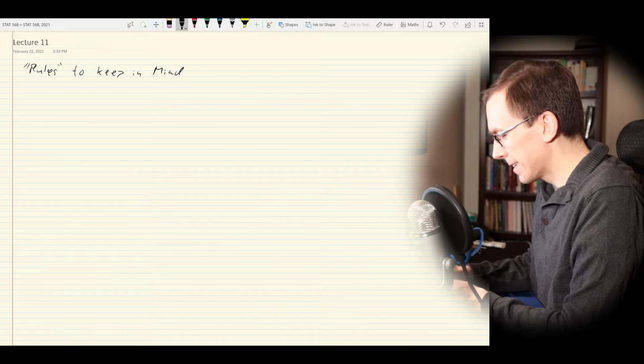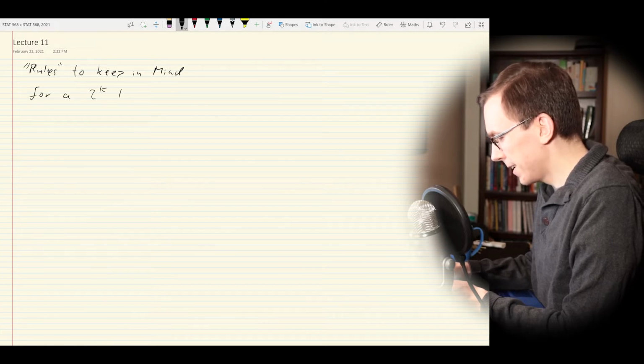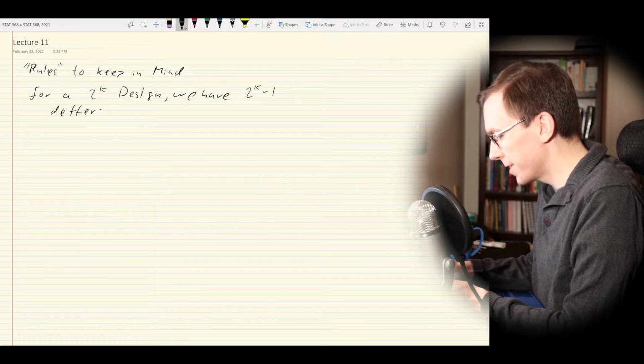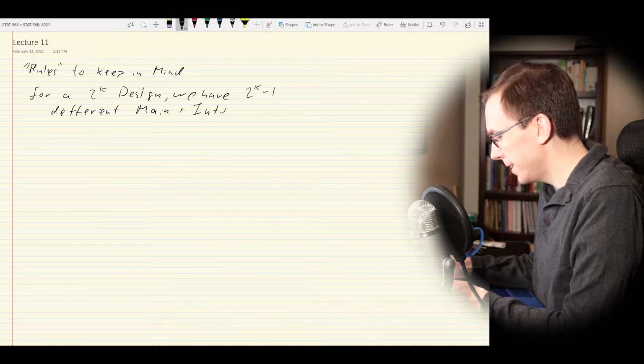The idea is that for a 2 to the k design, we have 2 to the k minus 1 different main and interaction effects to test.